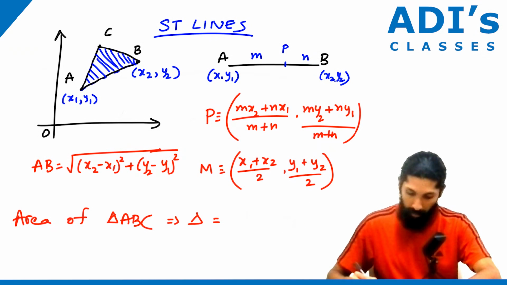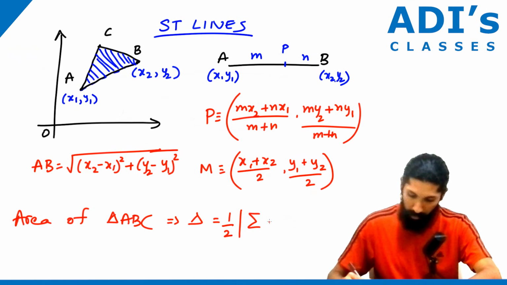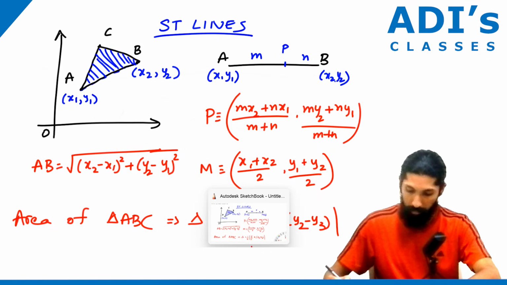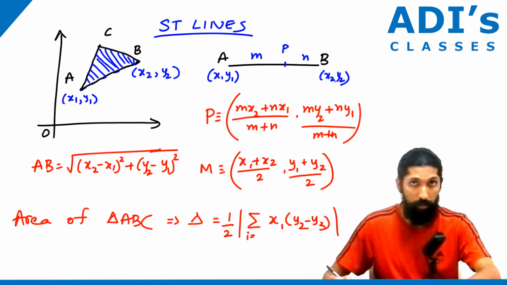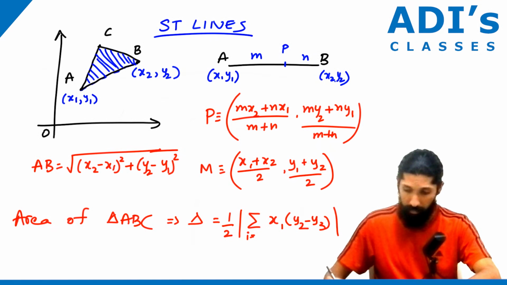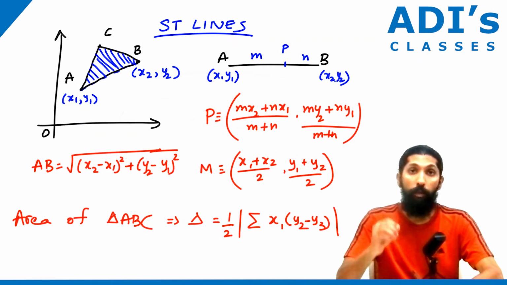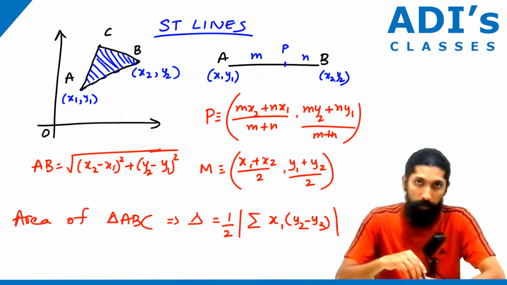So we can write half modulus of sigma x1 into y2 minus y3, where i is equal to, so here you can write xi, you can write like that also, or you can just keep it as it is. So that means we can just write sigma x1 into y2 minus y3. This is basically whatever you have learned so far.